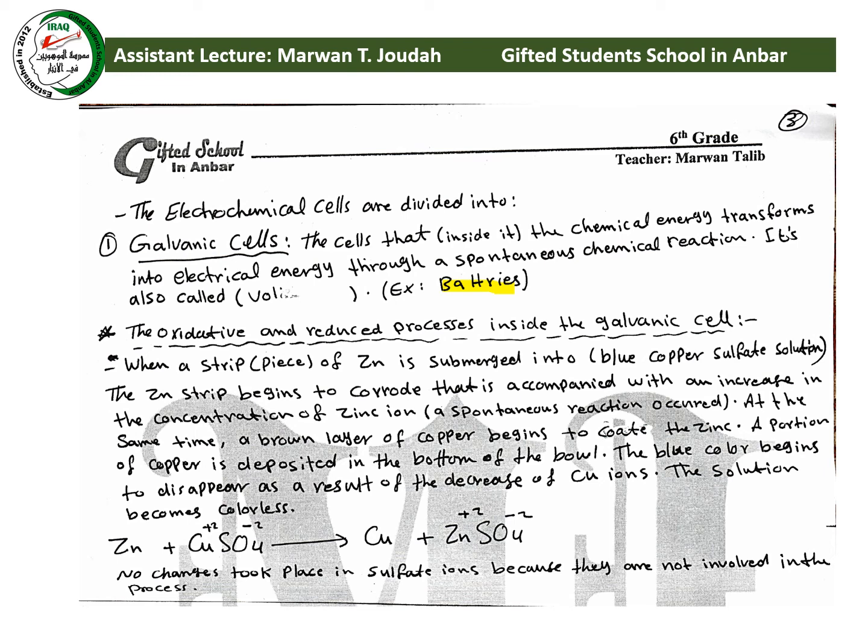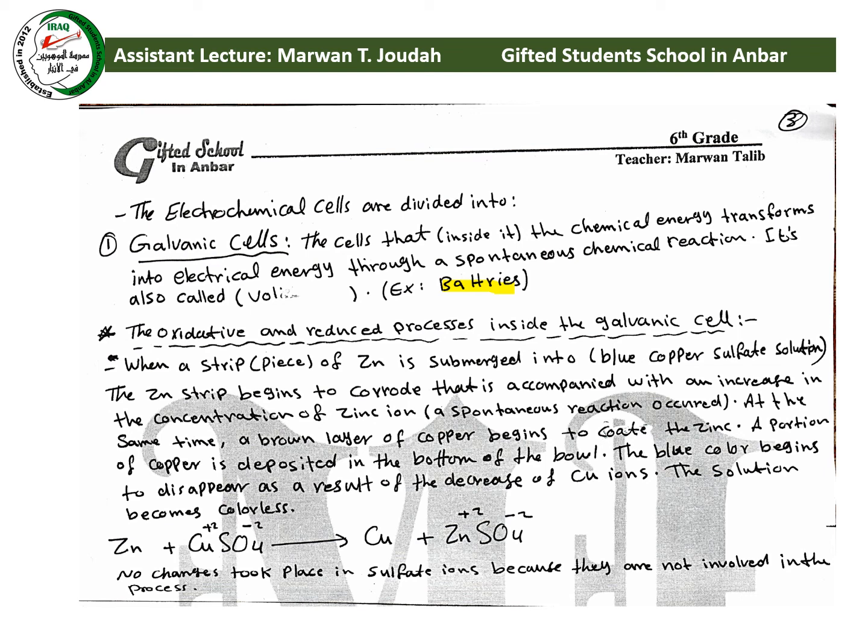When a strip or piece of zinc is submerged into a blue copper sulfate solution, the zinc strip begins to corrode. That is accompanied by an increase in the concentration of zinc ions. So a spontaneous reaction occurred right here. At the same time, a brown layer of copper begins to coat the zinc.